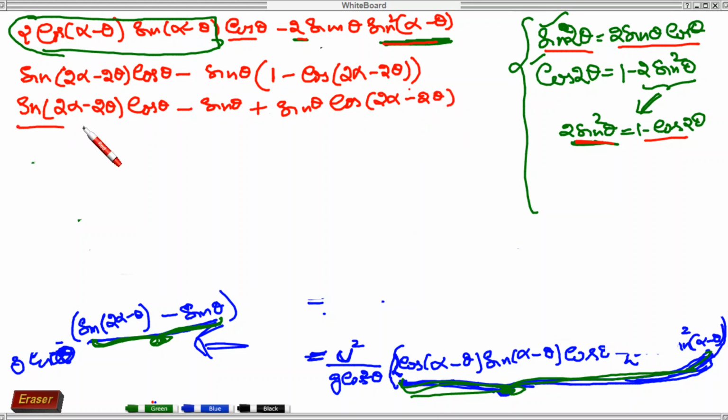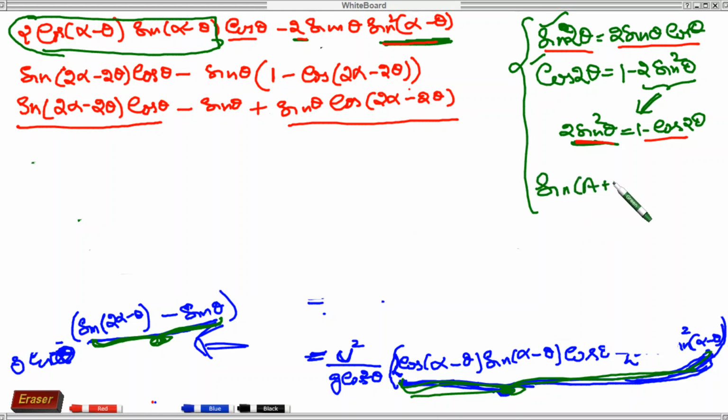Okay, there is another thing also: sine a plus b is equal to sine a cos b plus cos a sine b. We are going to use this part here, sine a cos b and cos a sine b.